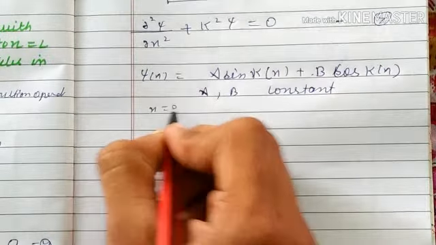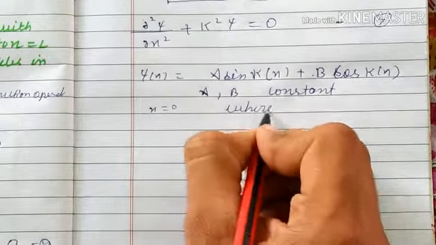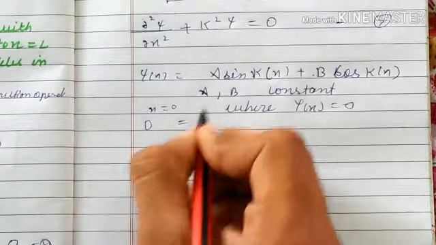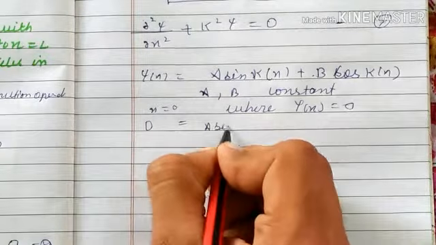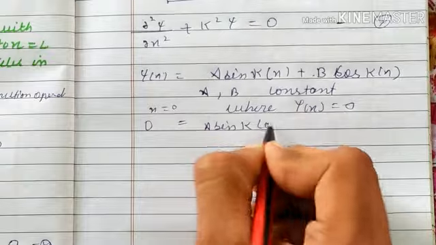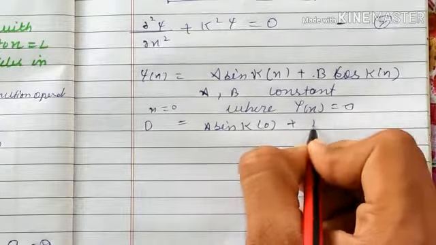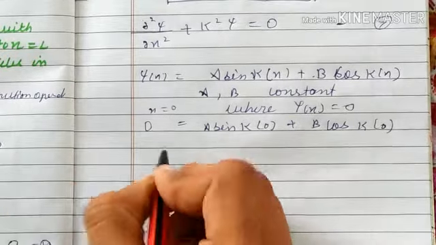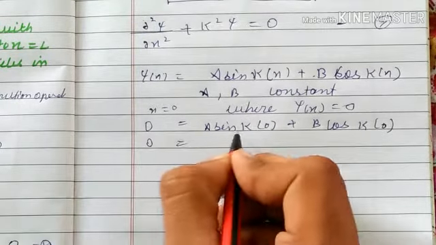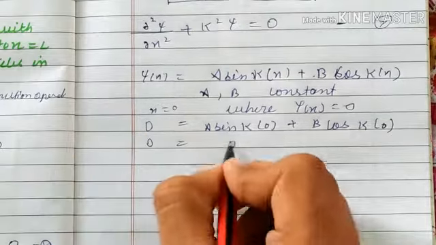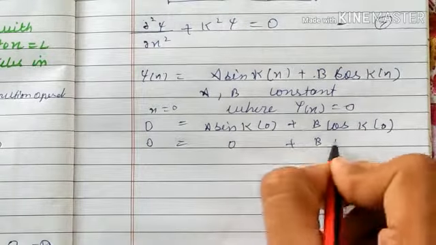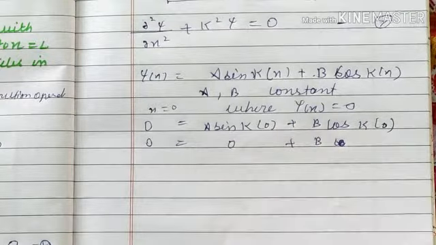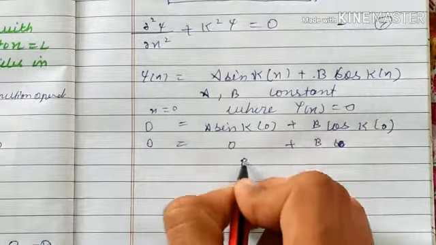At x equal to 0, psi x is also equal to 0. So A sin k times 0 plus B cos k times 0 is 0. Sin 0 is 0, cos 0 is equal to 1, so we write B is equal to 0.